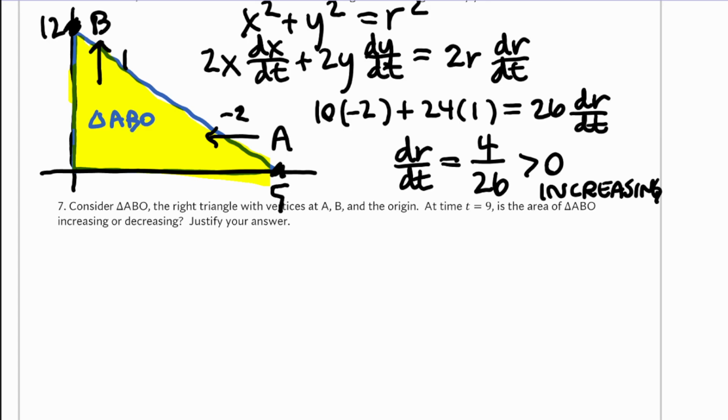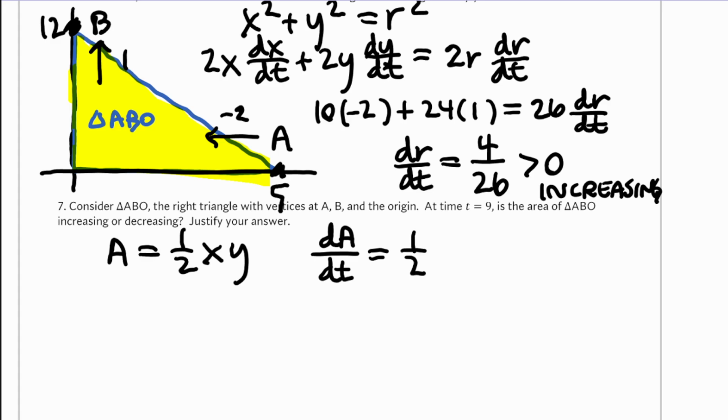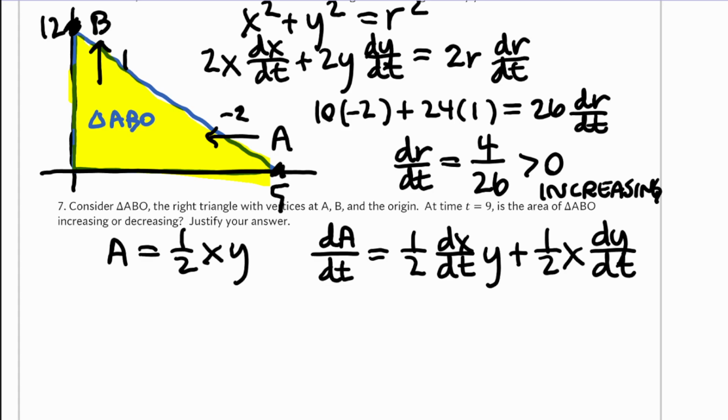Right, so we need a formula for the area. The area of the triangle is going to be 1/2 times the base times the height. If we want to determine if that area is increasing or decreasing, we need its derivative. So we take the derivative with respect to time, and it's the product of 1/2 x and y. The derivative of 1/2 x is 1/2 dx dt. We'll leave y the same, and then I'll add in, leaving 1/2 x the same, the derivative of y, and that'll be dy dt.